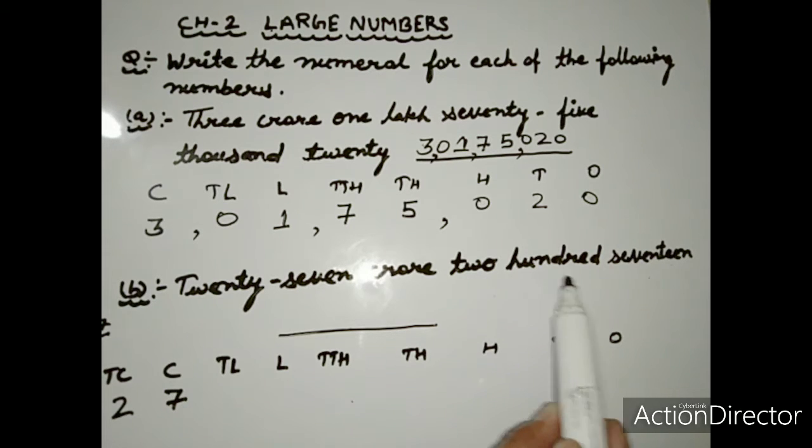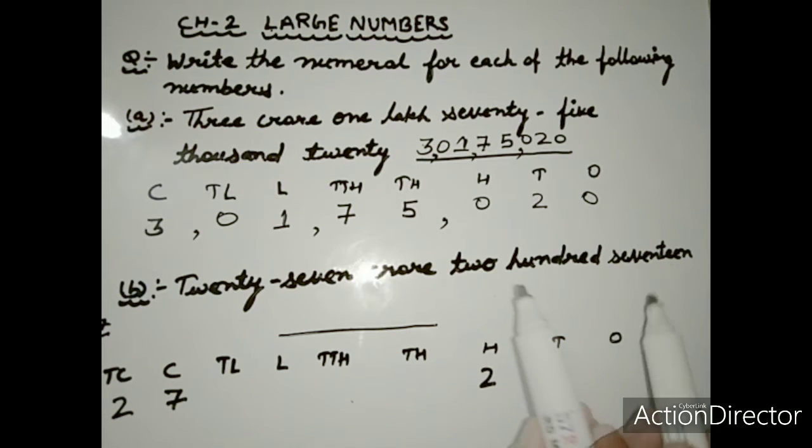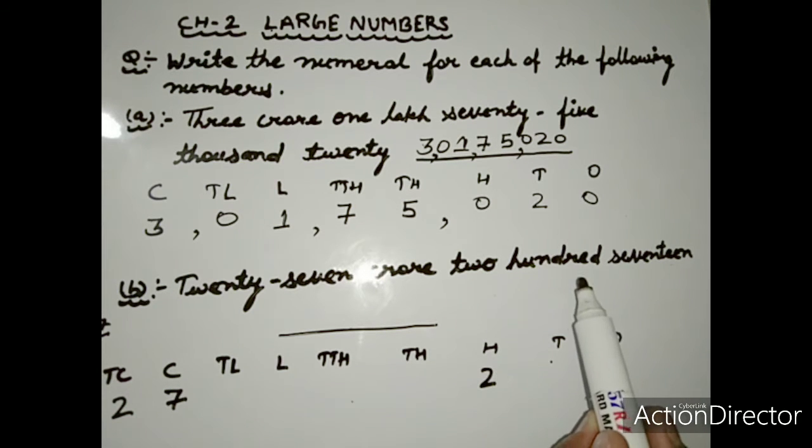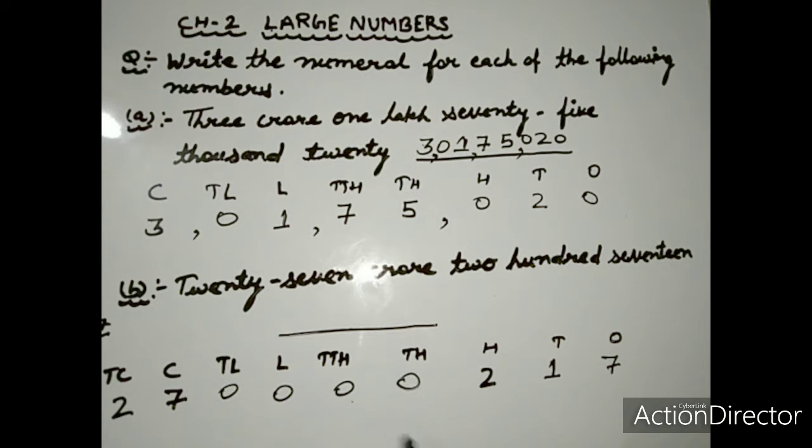Now 217: 2 in the hundred place, so we write 2; 1 in the tens place and 7 in the ones place. The other blank spaces we fill with 0. Now we write this number as 27000217.